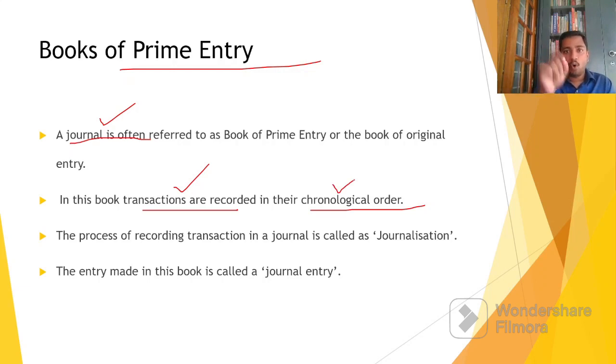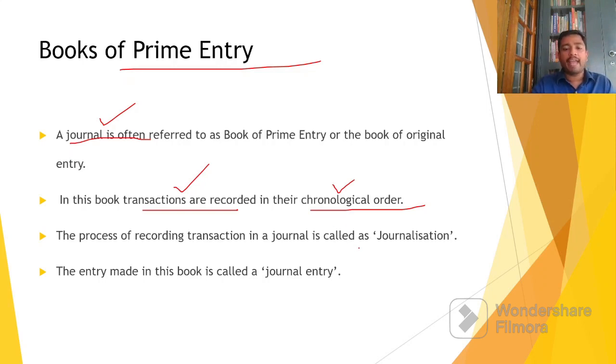There is an order for this. Date wise, every transaction should be recorded for the first time. Whenever a transaction happens, it is recorded for the first time in the book of journal. That's why it is known as the book of primary entry or the original entry.